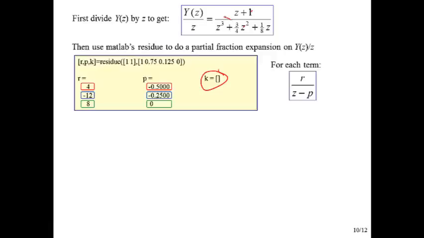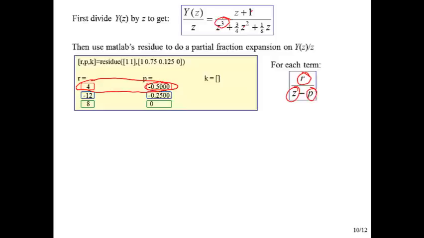So since this is third order, we're going to get 3 values in R, 3 values in P. The R values are called the residues, and the P's are called the poles. So for each one of these terms, we're going to put an R up here, and we're going to take Z minus whatever the P was.